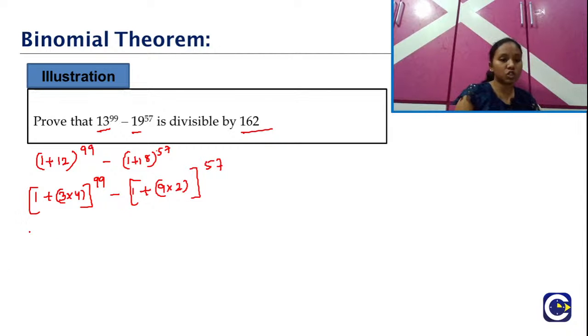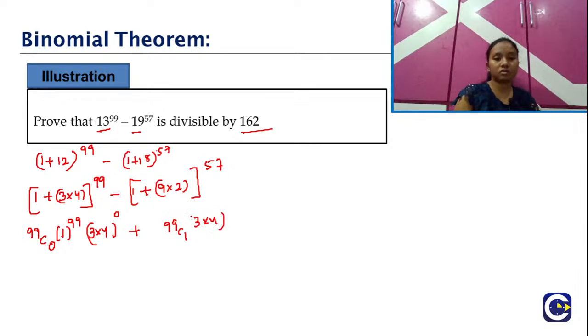That means 99C0 1 power 99 3 into 4 power 0, plus 99C1. So 1 power we can leave out, so it will be 3 into 4 power 1. That's the advantage here: if we write one term as 1, it can be directly eliminated.